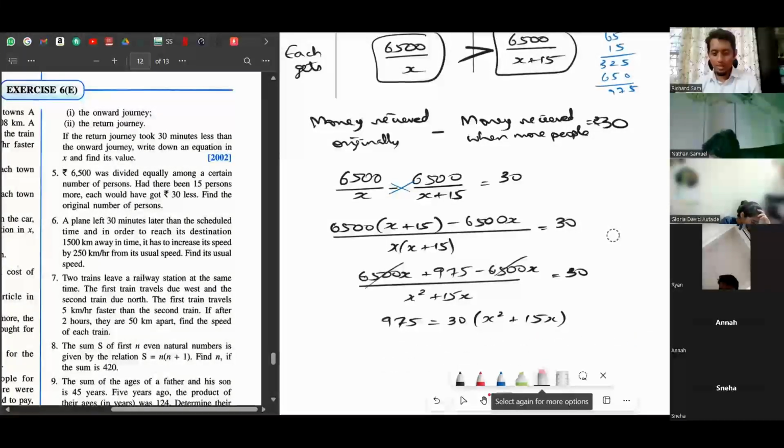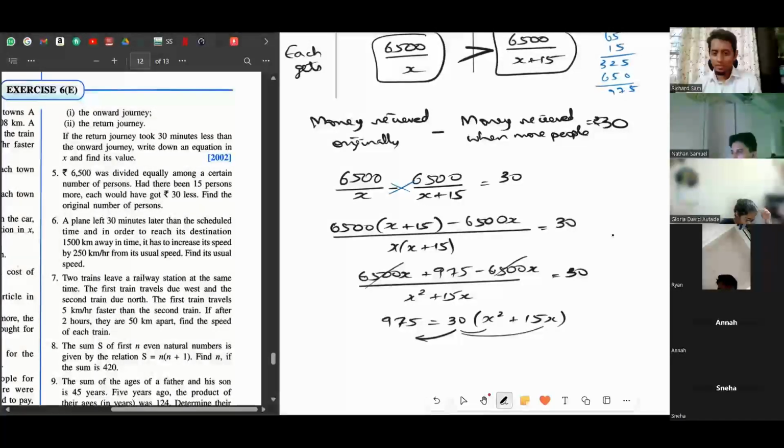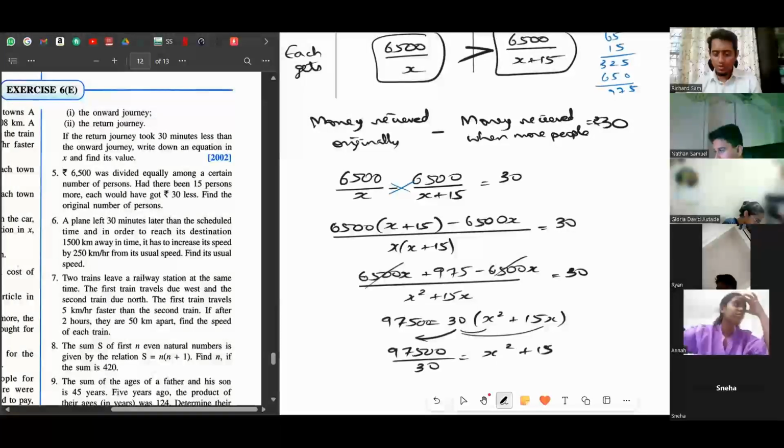Yes, yes. So what we can do here, instead of multiplying 30, we can take the 30 directly to the left side. It will get divided. So 97500 divided by 30 is equal to x square plus 15x.